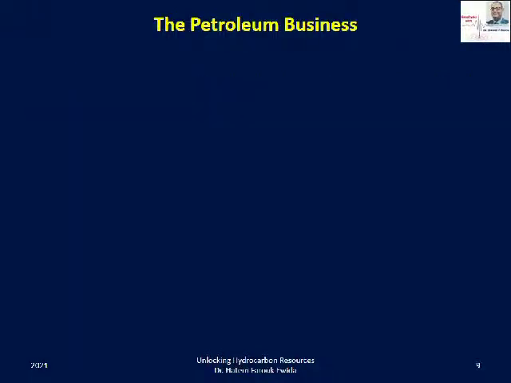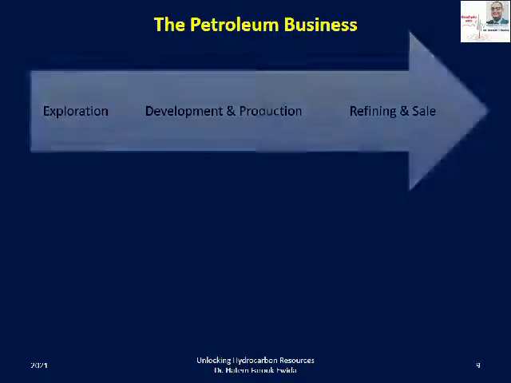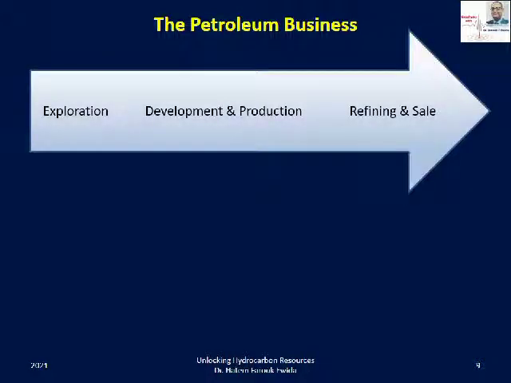So let me give you some terms in the petroleum business to understand what we are talking about. We pass through different stages, which start with exploration, followed by development and production, and then by refining and sale of the hydrocarbon materials that we extracted from the earth.